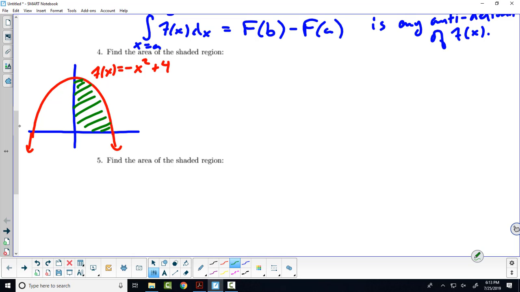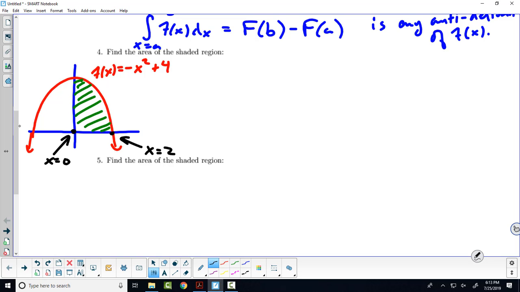Well, where does our shaded region start? It starts where? At what x value? At x equals 0, and we compute it until we get to x equals what? What's that intercept? 2.